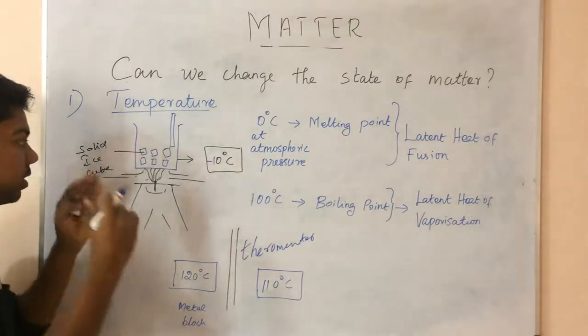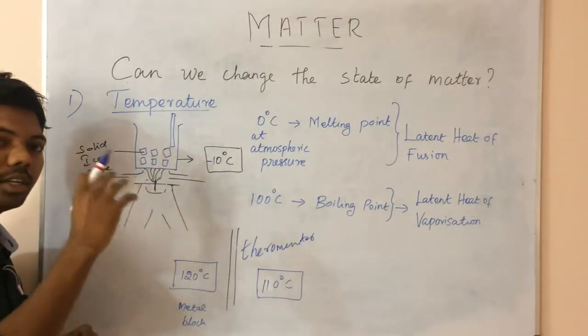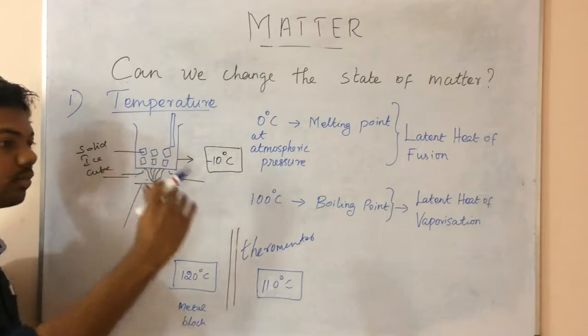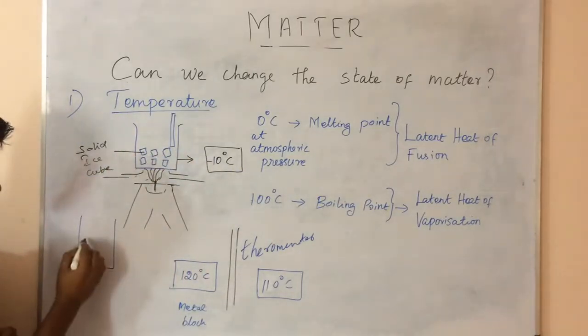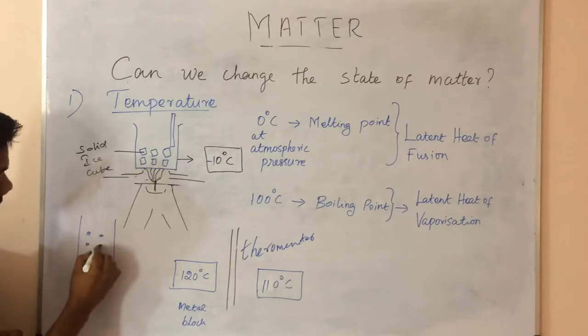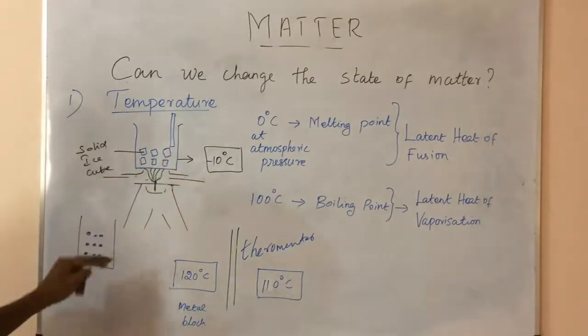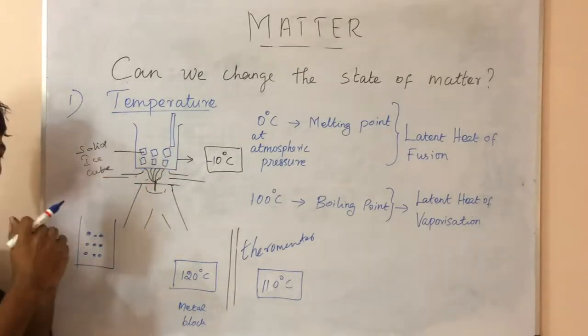When that stage is reached, how do the particles change from solid to liquid? If you see some portion of this solid cube, the particles are arranged in a regular manner, closely packed.